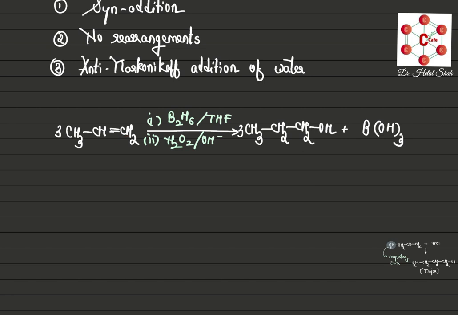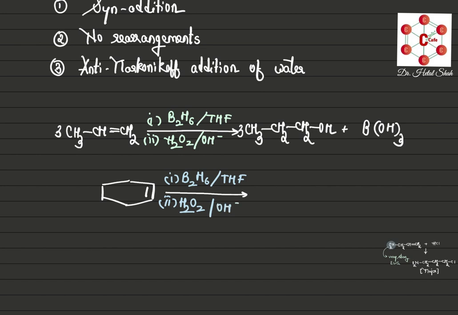Now, if you take up this, once again the same old thing, right? And if you perform the same reaction as given here, 1 B2H6 and THF, and 2 H2O2 and OH minus, what we get is one side gets H, the other side gets OH.